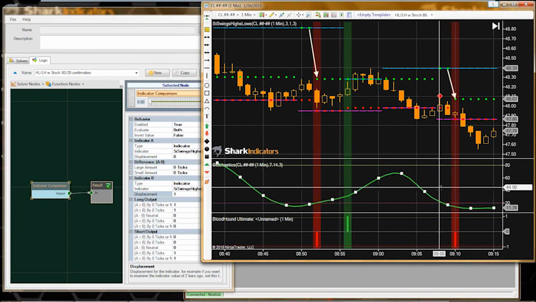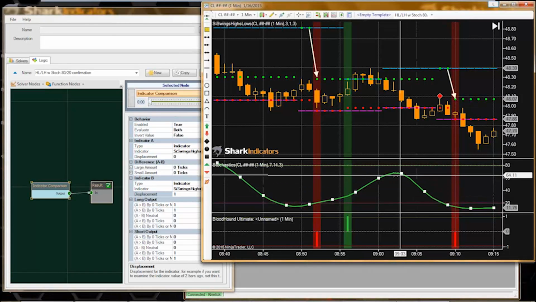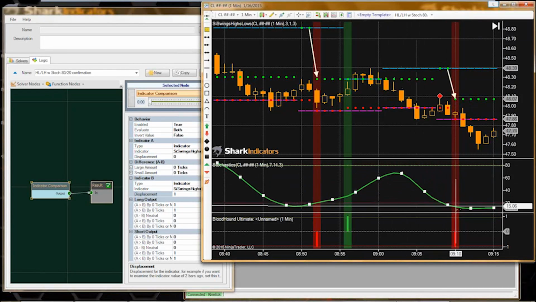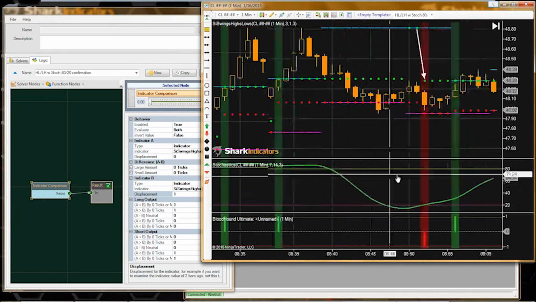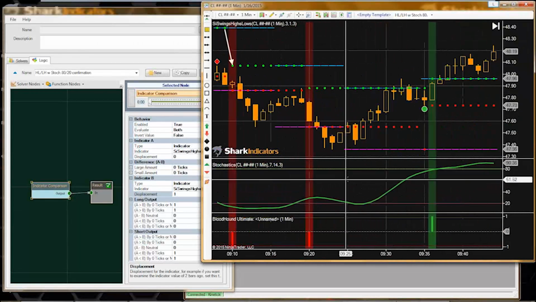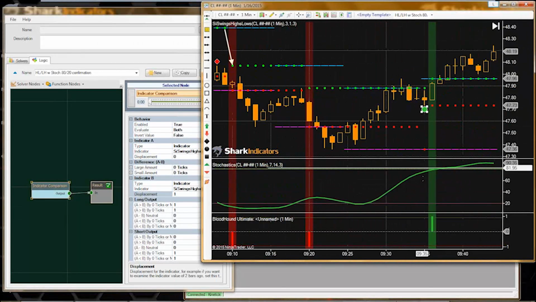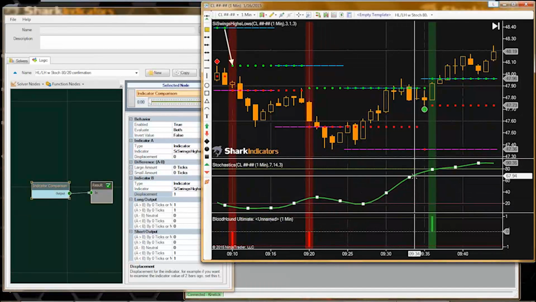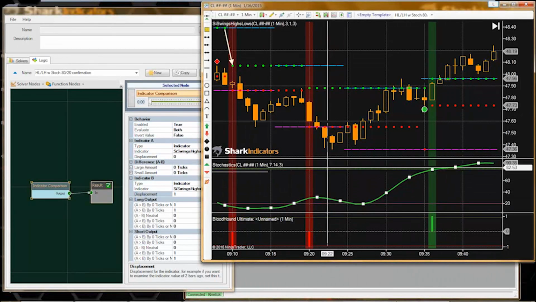So let's build that condition that identifies when our stochastics is below 20. Or let's go forward here. So here's our other point, and we also want to find out when the stochastic is above 80.